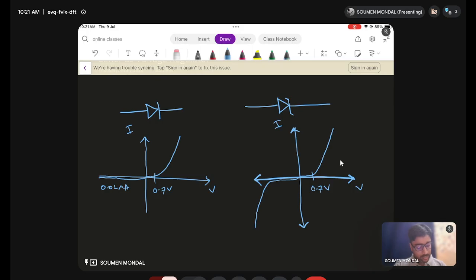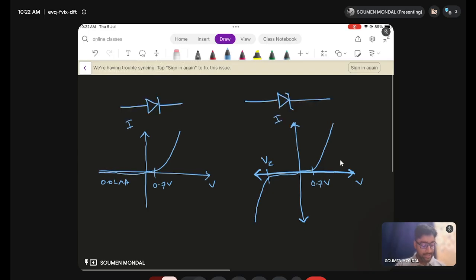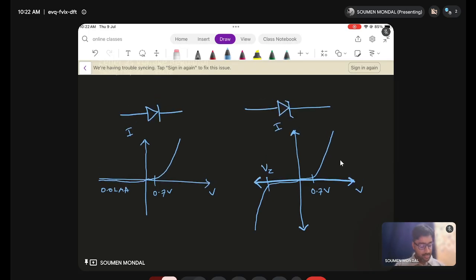During the fabrication of the diode, the doping and the depletion zone concentration are varied in such a way that we can control this breakdown voltage Vz, and Vz can be 6 volt, 3.3 volt, 12 volt, 24 volt, like that. So we have varieties of Zener diode available, and after breakdown its resistance almost vanishes and it shows a characteristic similar to a diode in forward bias.